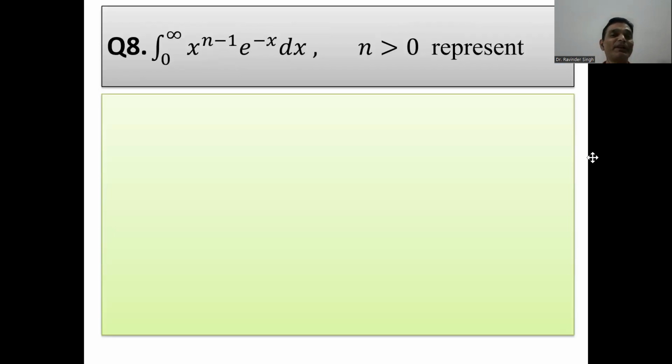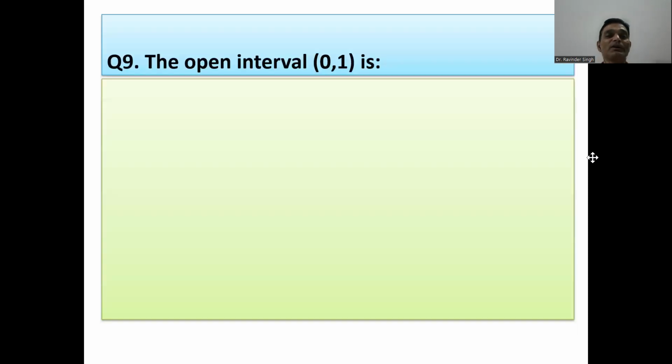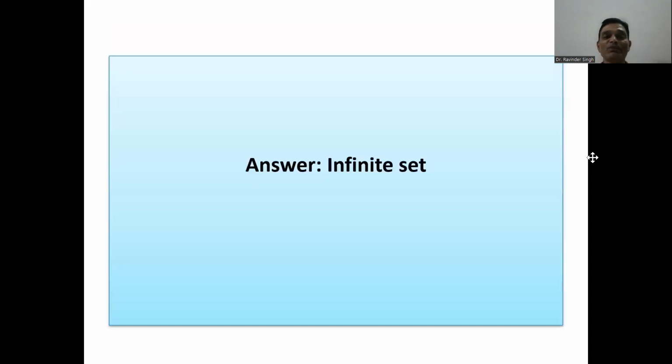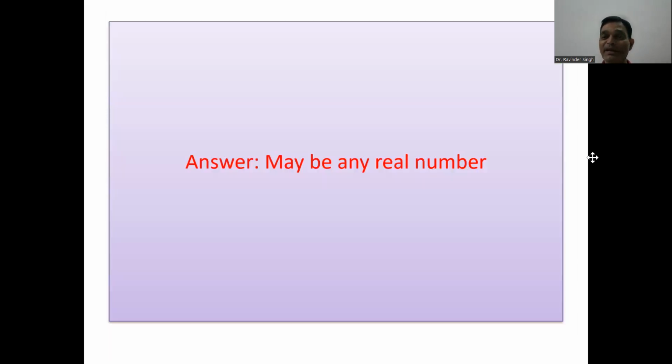The integration from 0 to infinity of x raised to the power n minus 1 e raised to the power minus x dx, n greater than 0, represents the gamma function. The open interval 0 1 is an infinite set, that is for the spectators. Next question is also for the spectators. For any complex number z, sin z, the answer may be any real number.